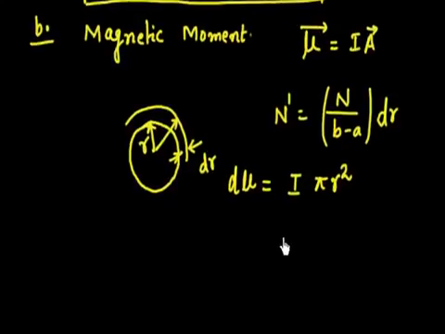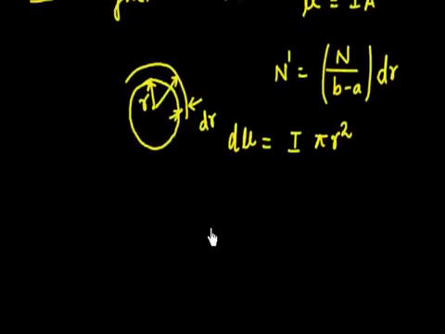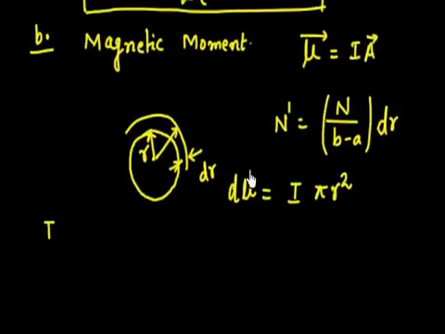So what is the total? There are n dash wires, there are n dash loops. So I can write the total magnetic moment. Another important point, I and A, the area vector. The magnetic moment is a vector, but I am only interested in the magnitude right now.